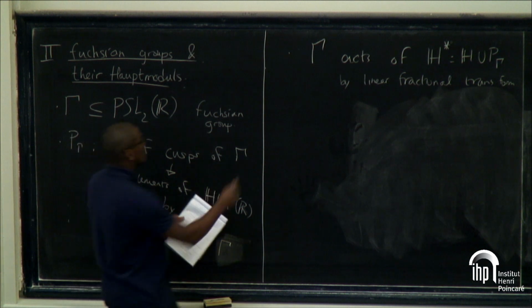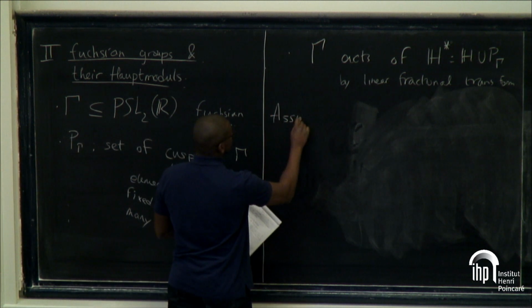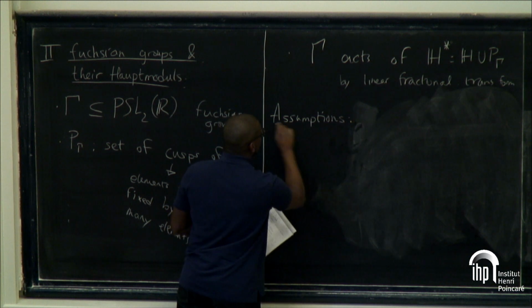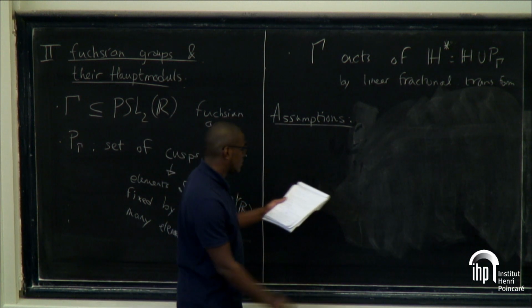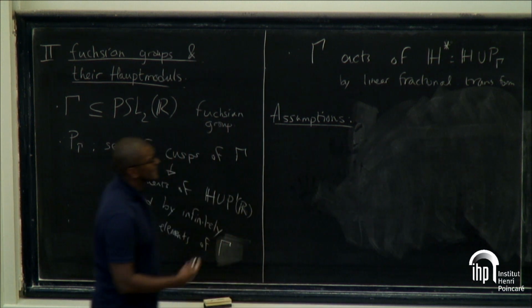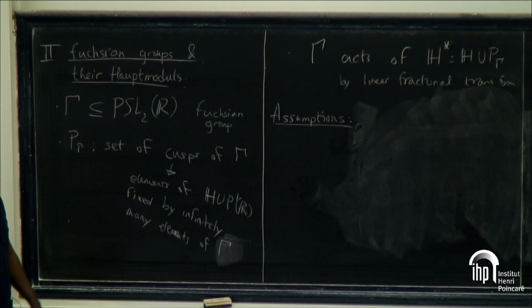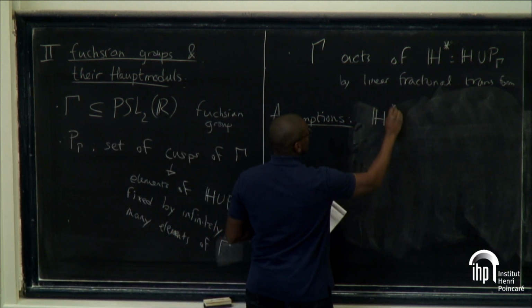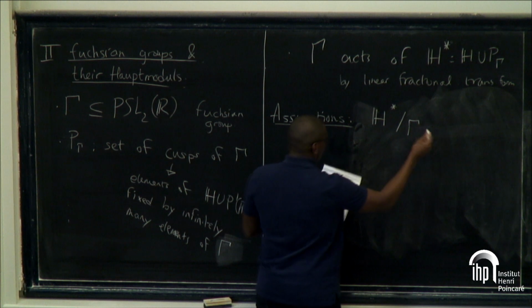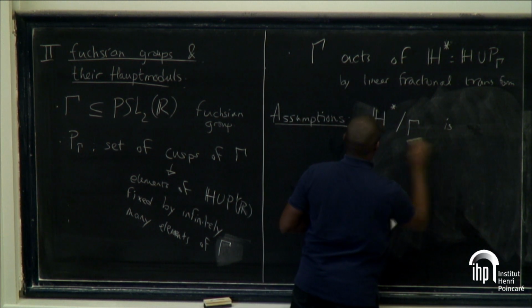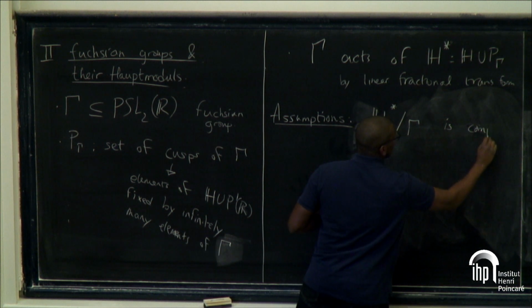And my assumption is that the Riemann surface is of genus 0. In a while, we'll see why I need the genus 0 assumption.